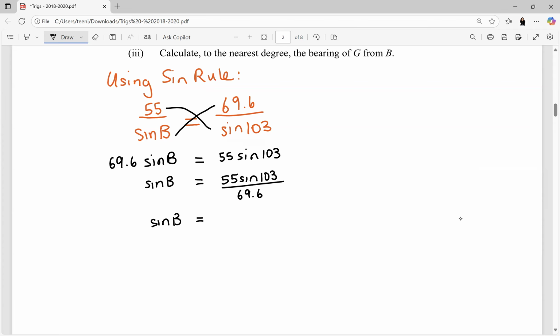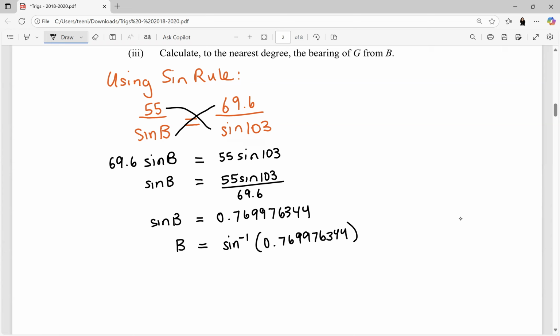0.76997634. I'm going to write the whole thing here, but you don't need to do that. But it's best to only approximate at the end of your work to get the most accurate answer. So therefore, B, remember, whenever you find any angle, you have to take the inverse function. So you take sine inverse of 0.76997634.